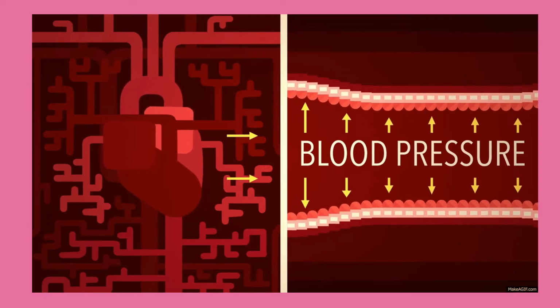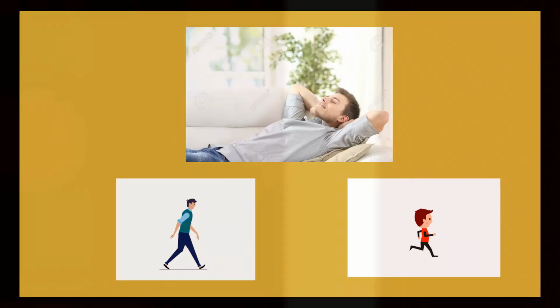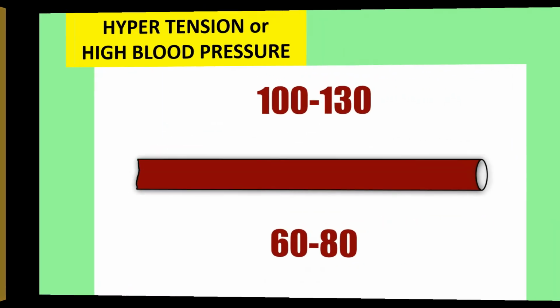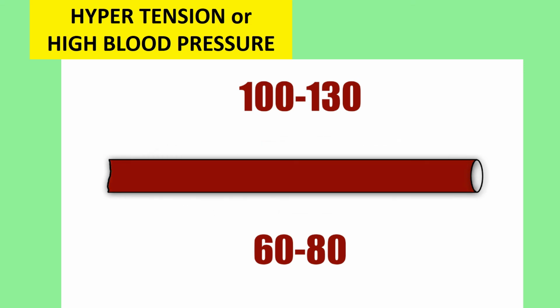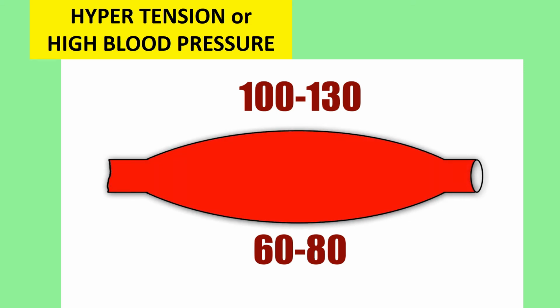Blood pressure will change according to the activity of every person, such as resting, walking and running. Some people have high BP during the resting period. That condition is known as hypertension, or high blood pressure, or high BP. Now we are going to learn about hypertension.